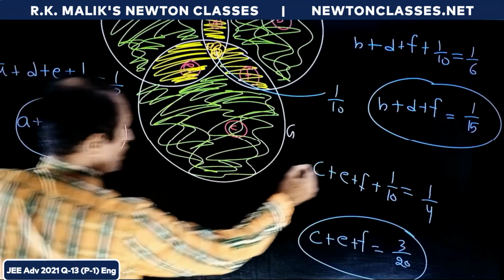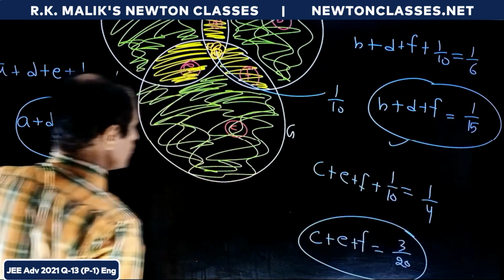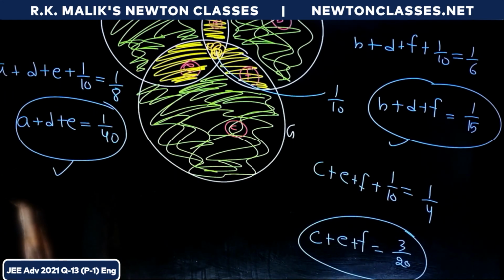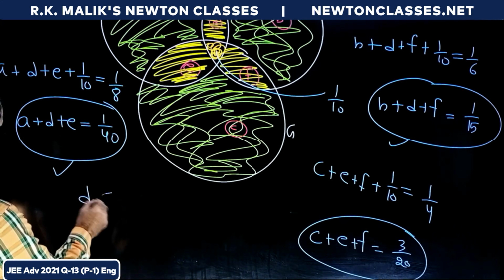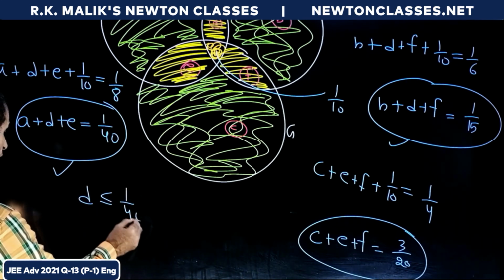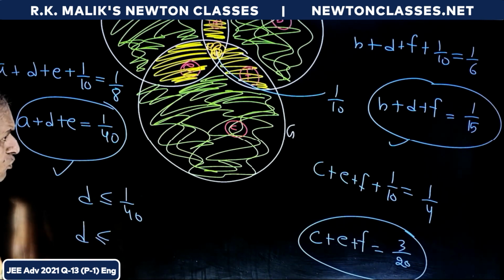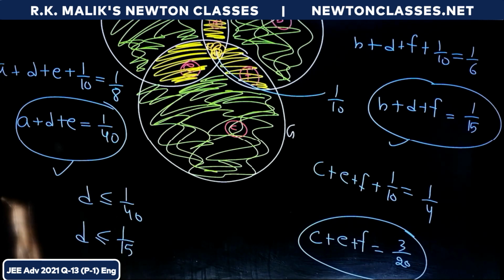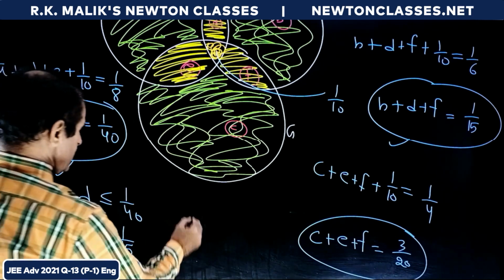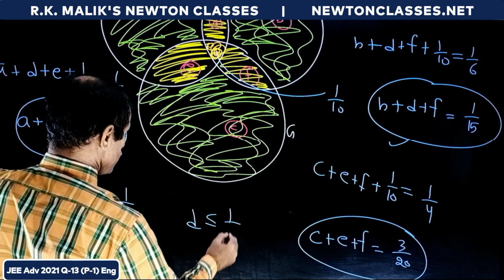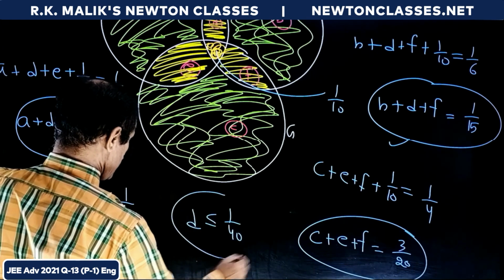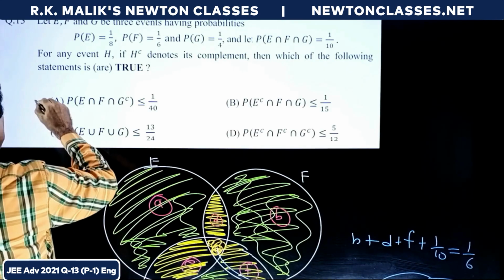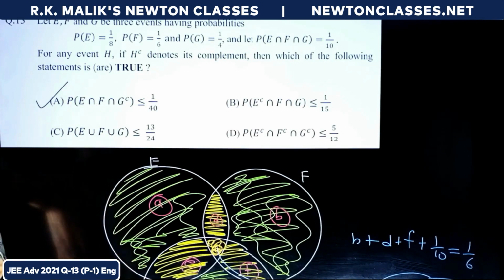From here and here, we can easily say that D is less than or equal to 1 by 40 also, and D is less than or equal to 1 by 15 also. From these two I can say D is less than or equal to 1 by 40. Hence A is correct.